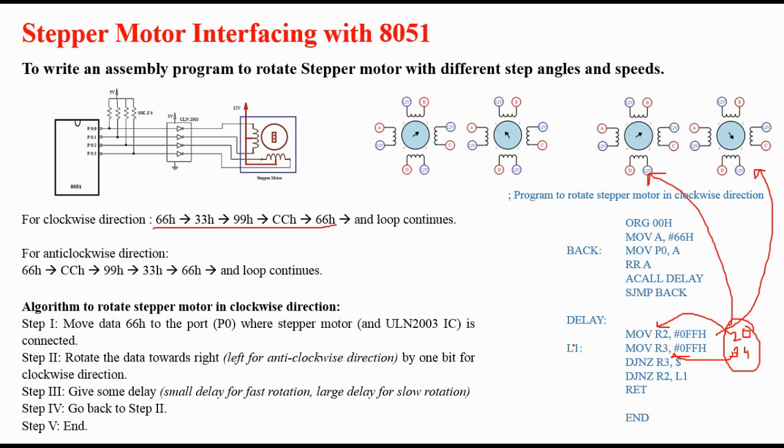Now if you want to calculate the motor speed, you will have to calculate the time for execution of the delay. How to calculate the time required for delay execution? For that purpose you should know how much time is required to execute each single instruction, then the decrement related instructions.